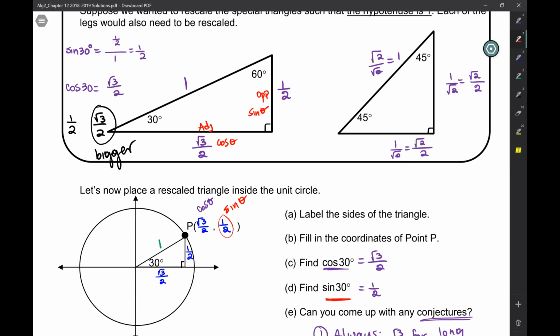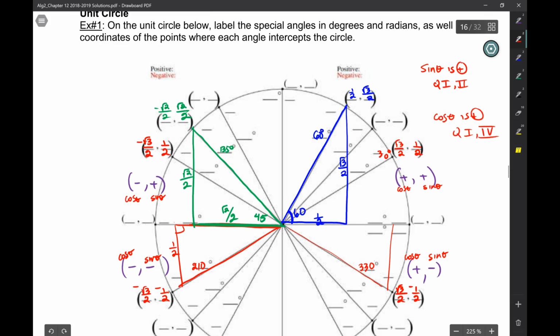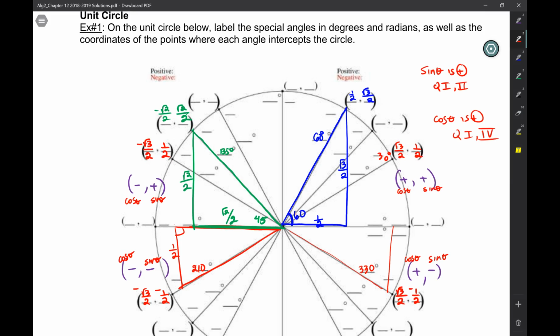So if I do sine over cosine, opposite over adjacent, that gives me tangent.